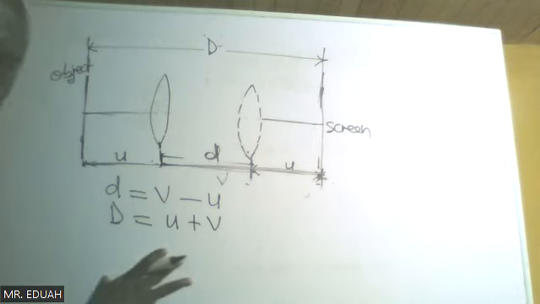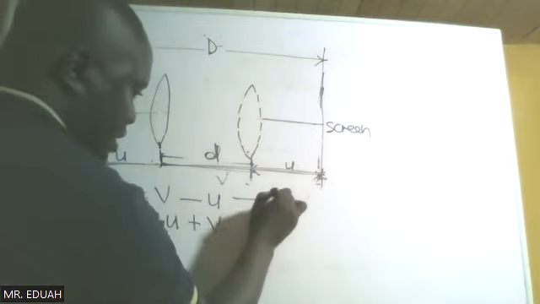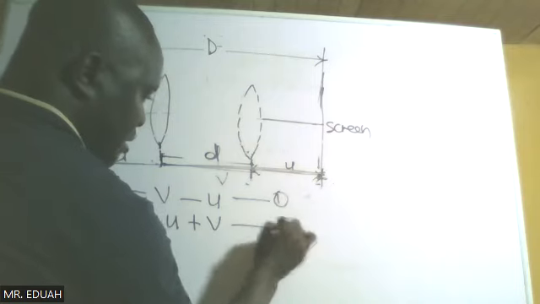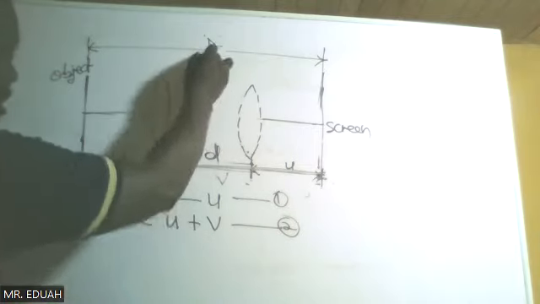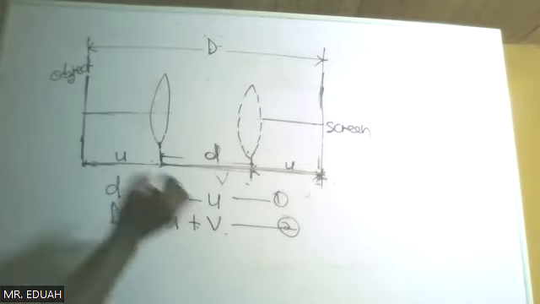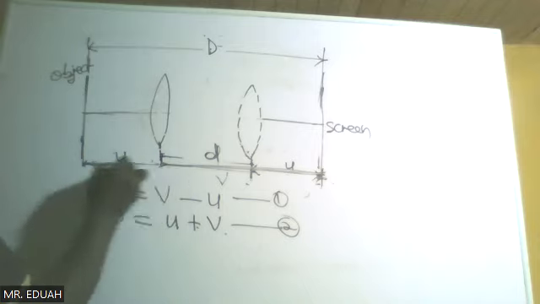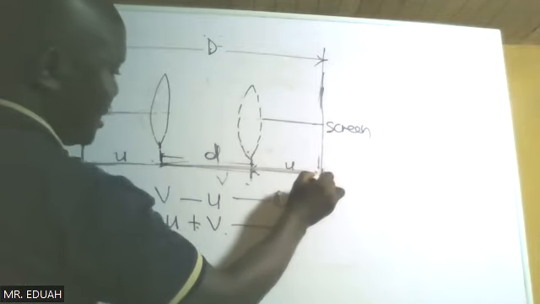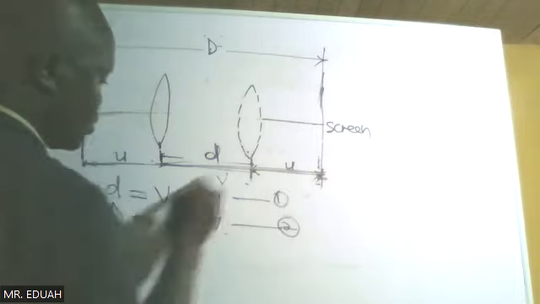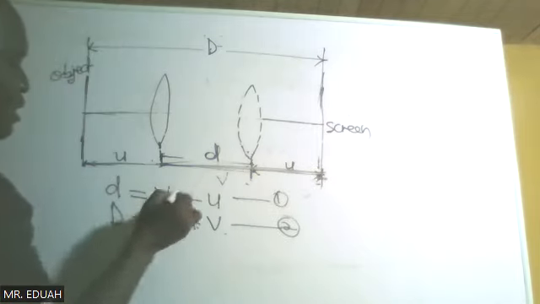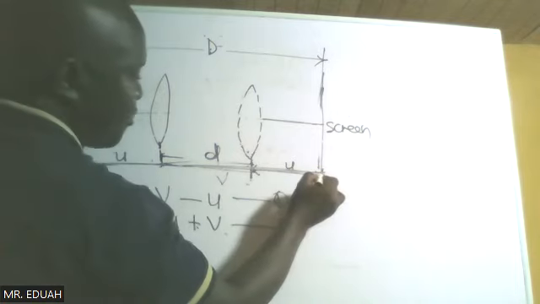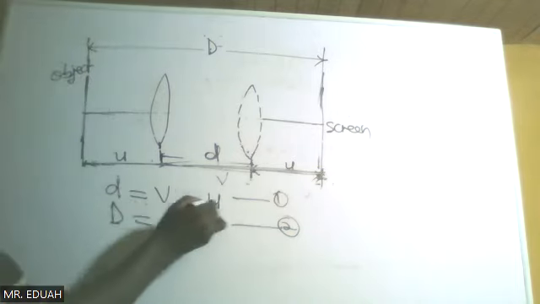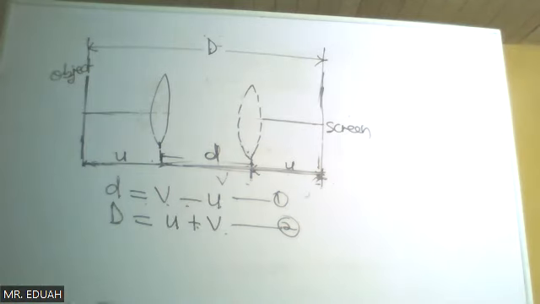Please, are you following with the two different equations? Earlier, we saw that if this is U, this will be V, so D is equal to U plus V. Now we are saying that if this is U, this will be V, and this is also U. So their displacement can be equal to subtracting this from V. So small d is equal to V minus U. Then we added equation 1 and 2.